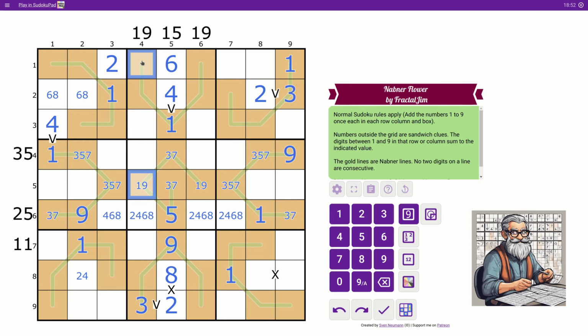But here it couldn't be 1, so this is a 9, and this is a 1, and this is a 9. And now we need a 1 to complement this one, and it has to be here. Okay, an easier way of saying that would have been to say we need a 1 here because that's the only place to put it here. Fine. We don't like the easy way anyway, do we?